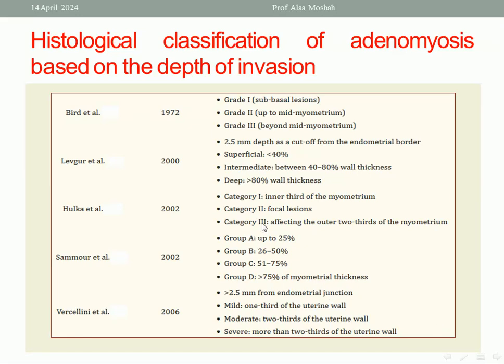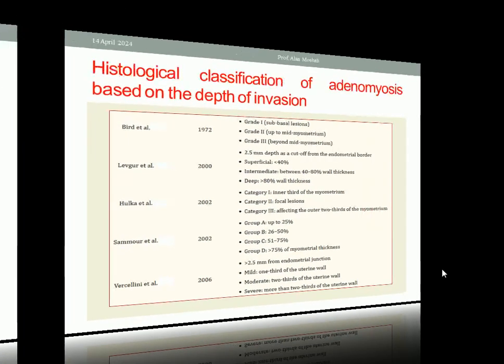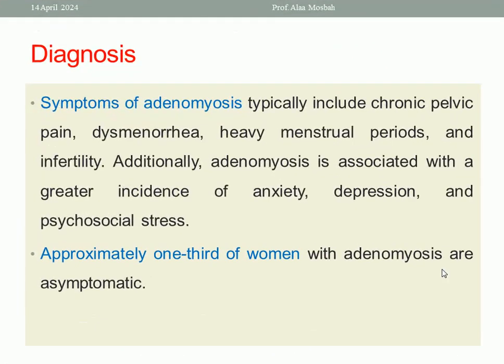You can read the other types of histological classification as you see here in this slide. But there is no universal histological classification of adenomyosis up till now. All these are suggested histological classifications according to the depth of invasion.